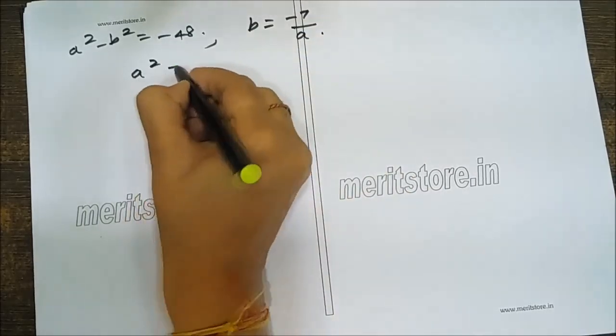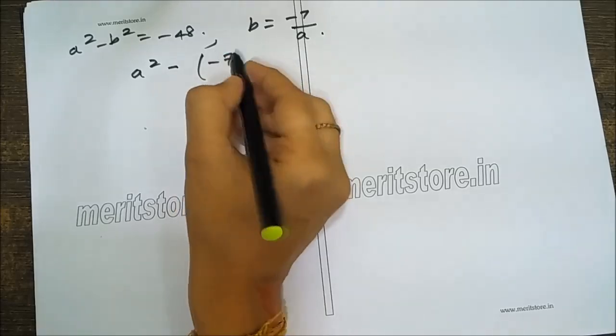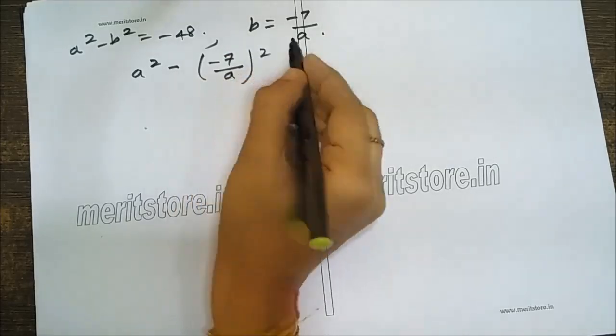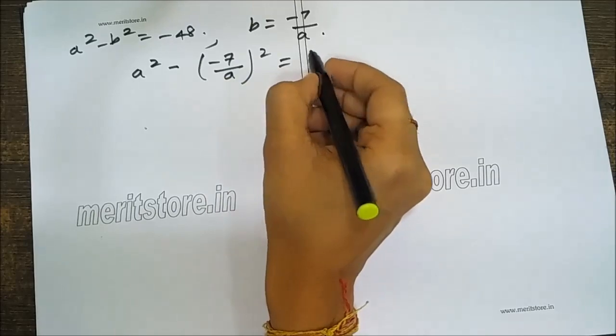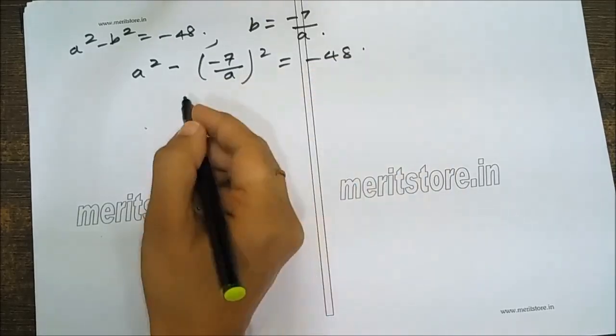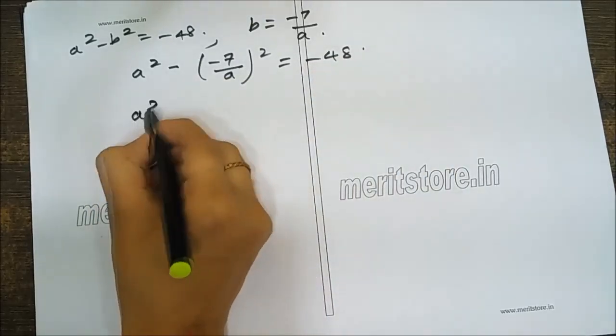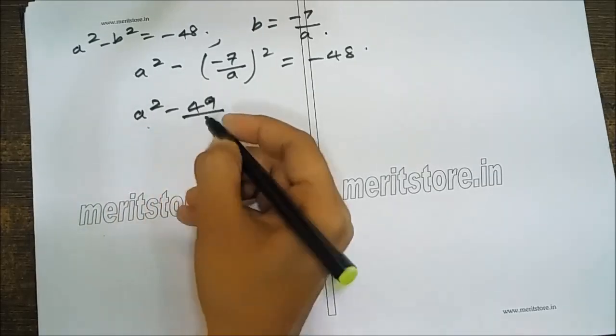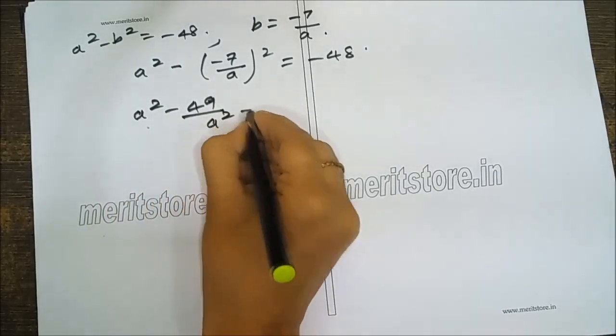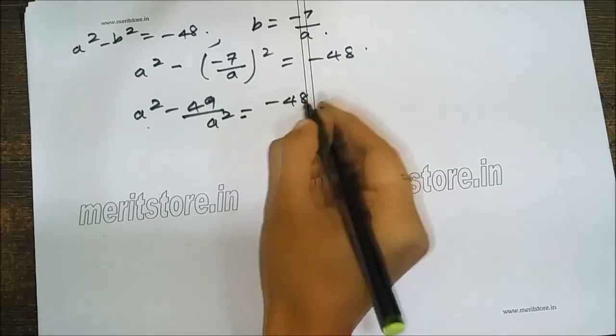So a square minus (7 upon a) square is equal to minus 48, a square minus 49 upon a square is equal to minus 48.